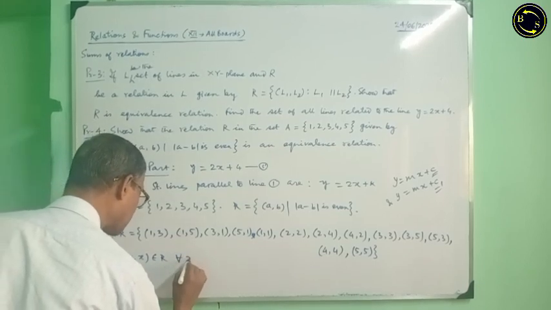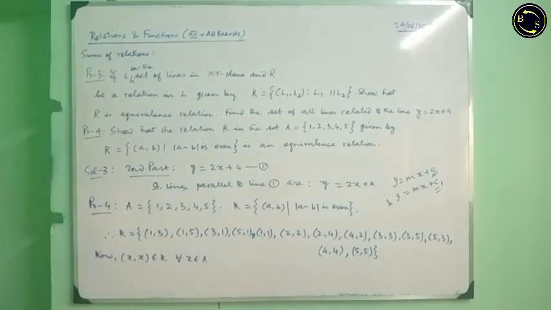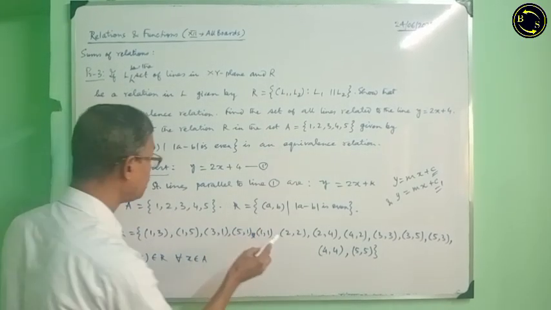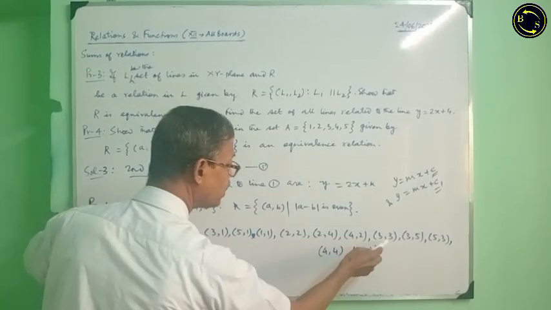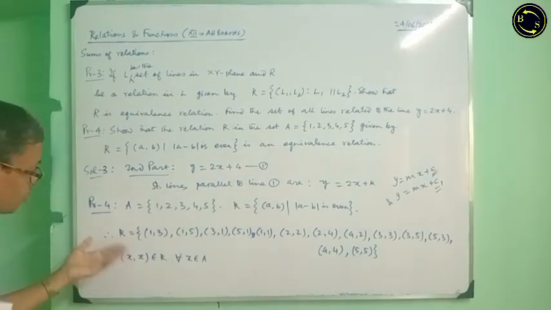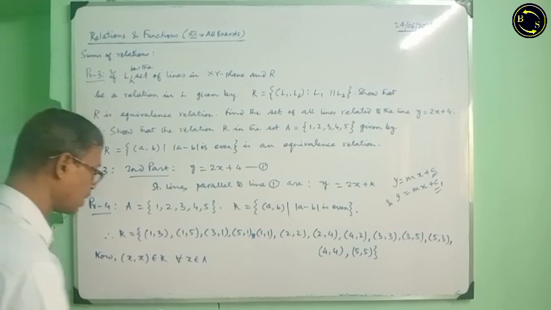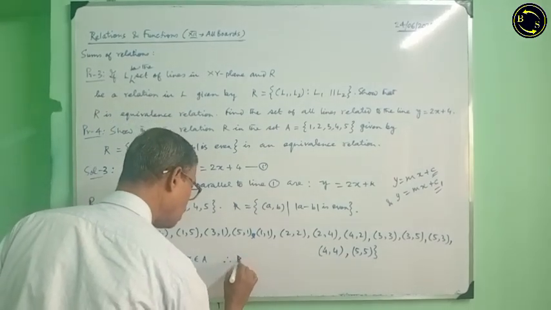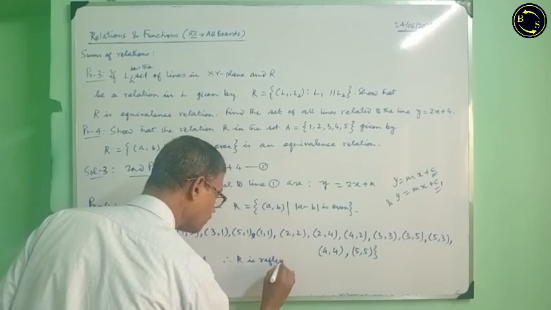For all x belongs to A, you see (1, 1), (2, 2), (3, 3), (4, 4), (5, 5) are members of R. Therefore R is reflexive.